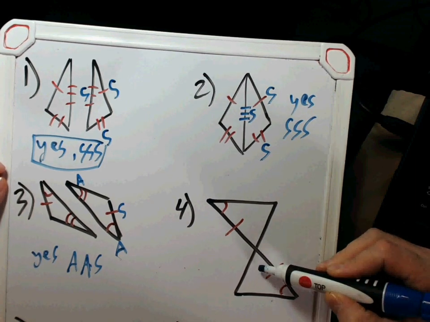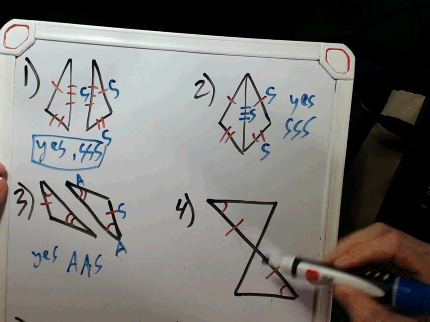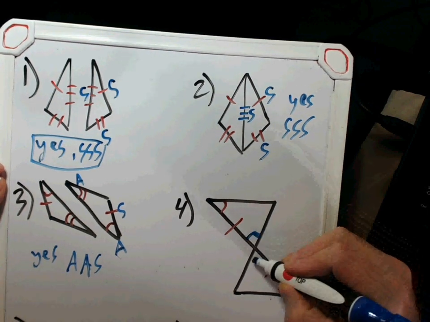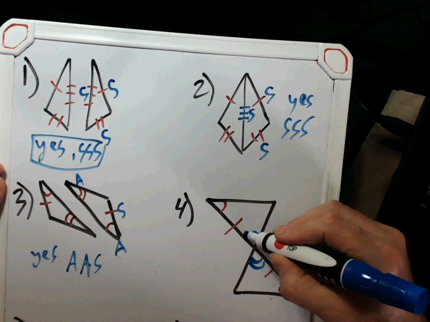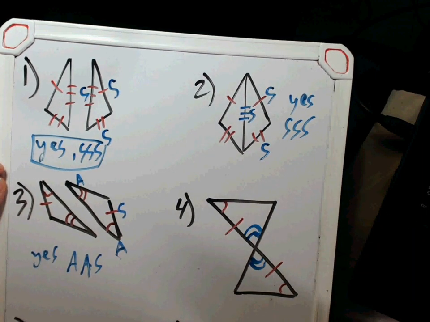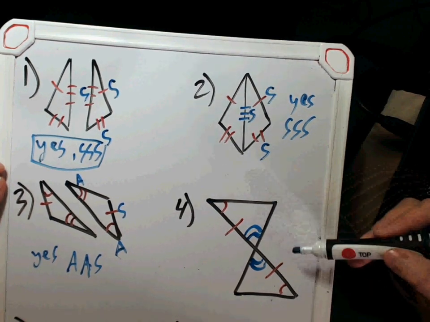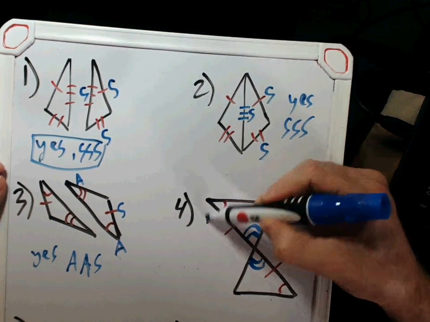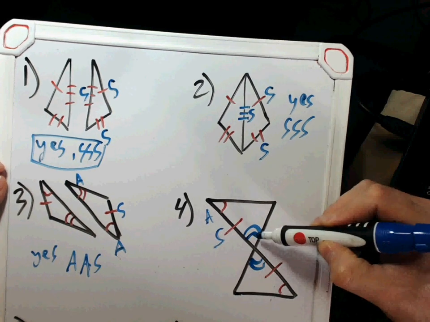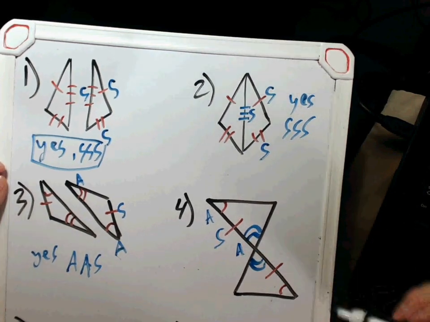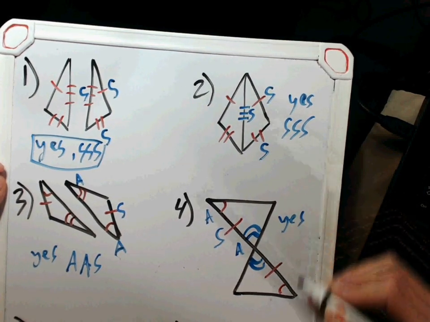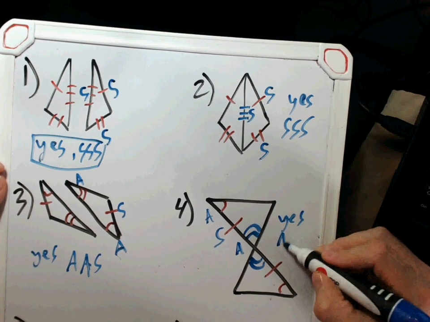They're vertical angles, and since they're vertical angles, we can mark them as congruent. Okay? So now let's see if we have enough information. We can't mark anything else. We have angle, side, angle. Right? So yes, we can prove these two triangles are congruent. How? ASA.